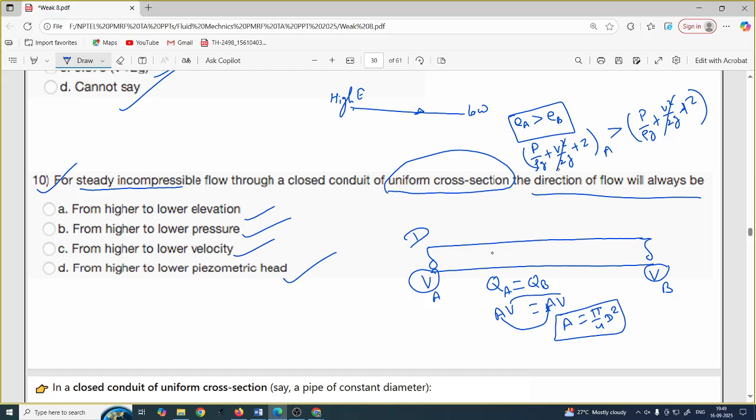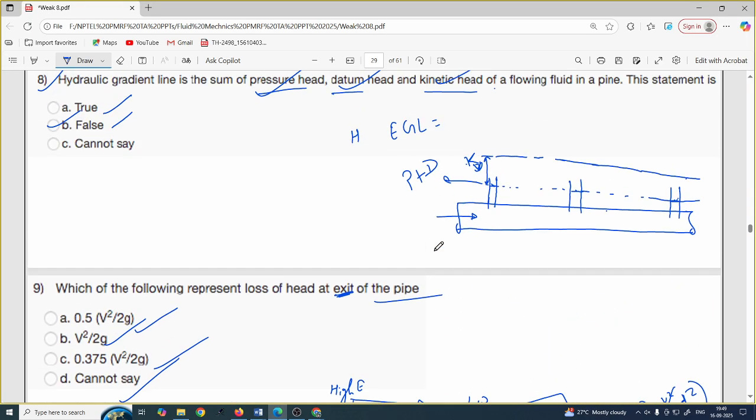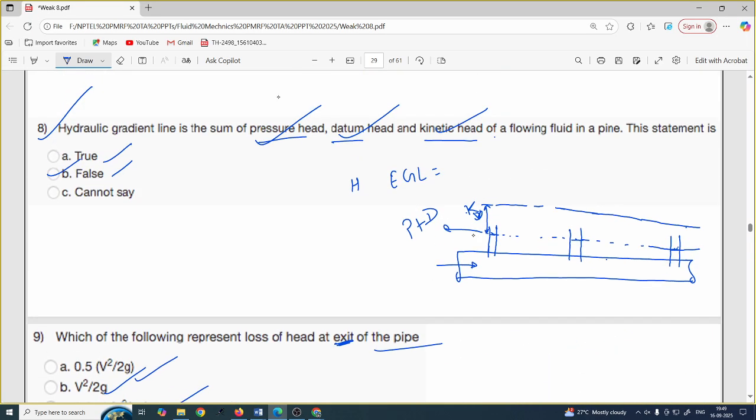So it depends on P by rho g plus Z, which is your piezometric head, as we have discussed already. What is piezometric head? That is pressure head and datum head, which represent the hydraulic gradient line, and the energy gradient line is the combination of all three heads: pressure head, datum head and kinetic head.